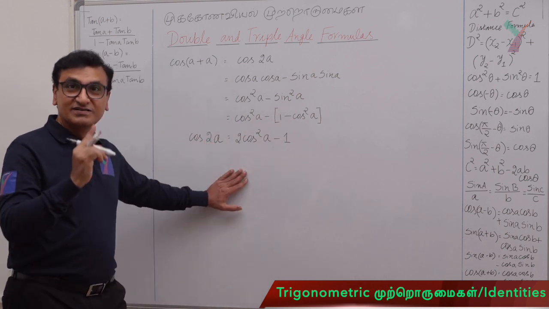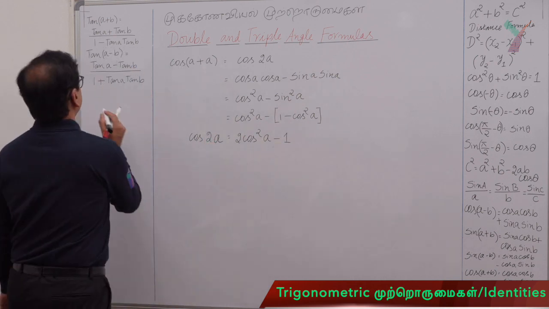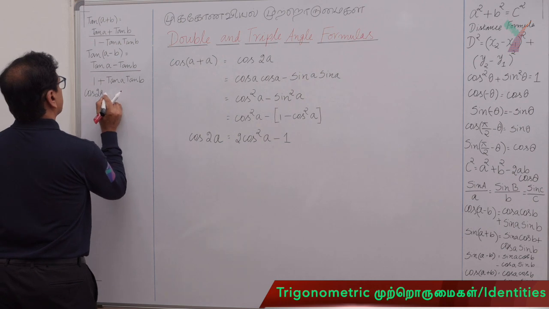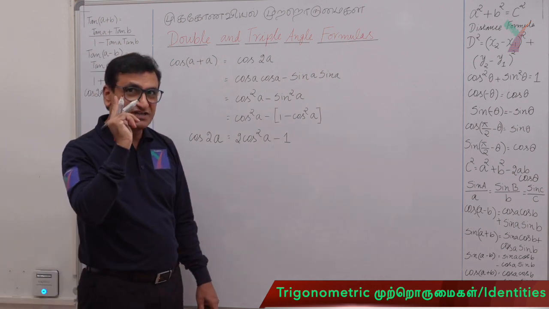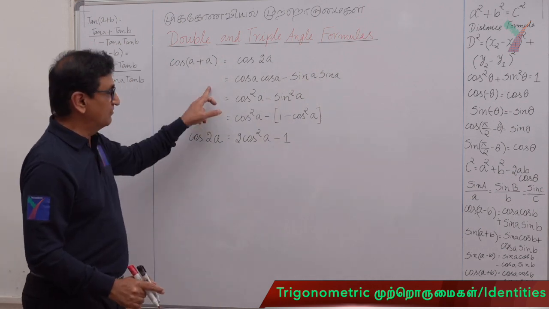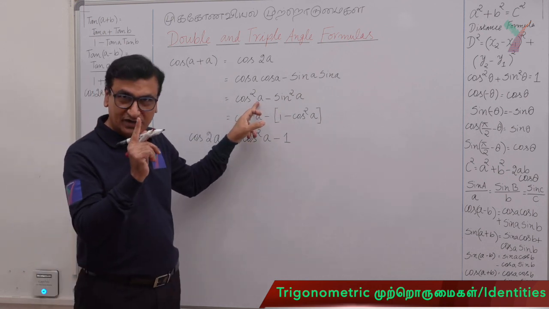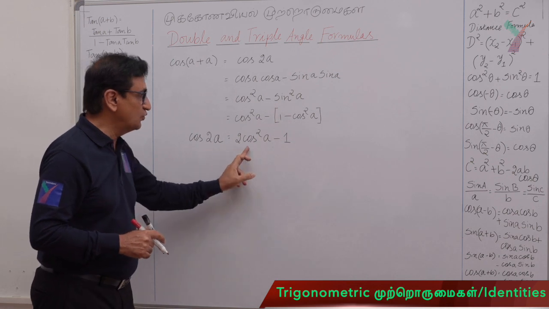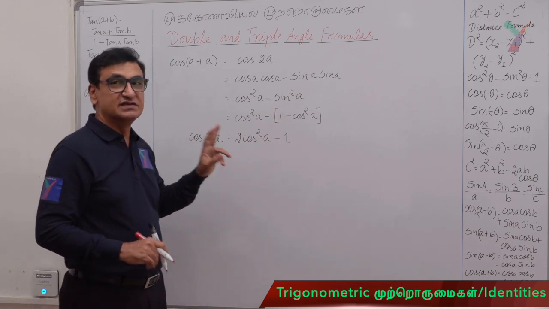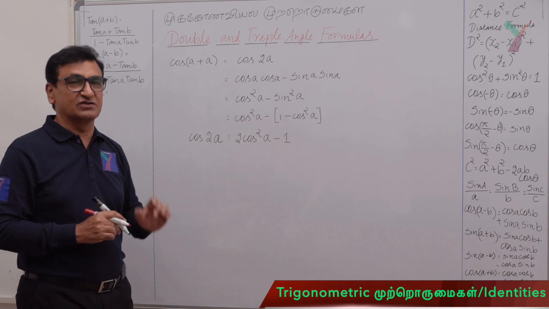So this is our first double angle formula. Depending on the situation, you have to use these double angle formulas. You can use cos 2A as cos square A minus sin square A, and similarly you can use 2 cos square A minus 1. Use whichever suits the situation.